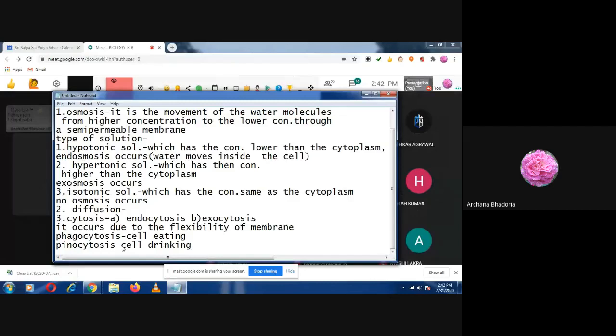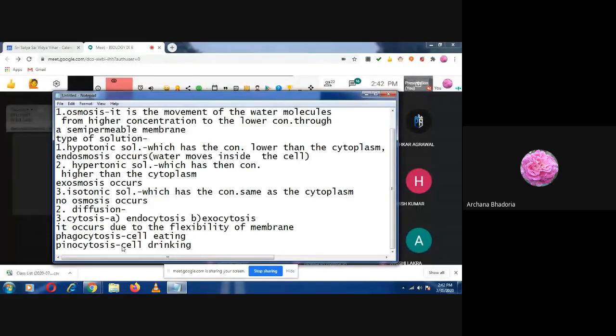We will call it cell drinking or pinocytosis. So phagocytosis and pinocytosis are both types of endocytosis.